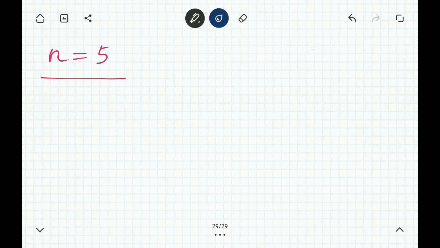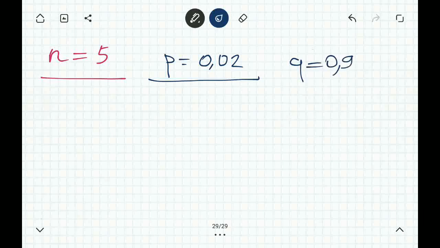So you might then suppose that the probability for a tire having a defect is 2 over 100, so 0.02 or 2%. Okay, so now you have everything you need. So you can find your Q, and it will be 0.98.